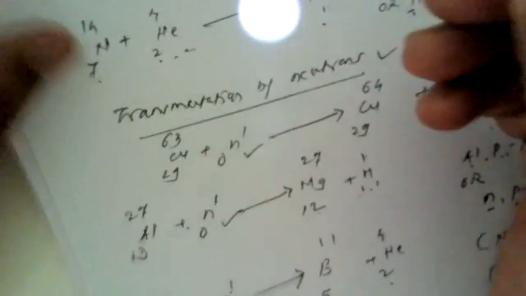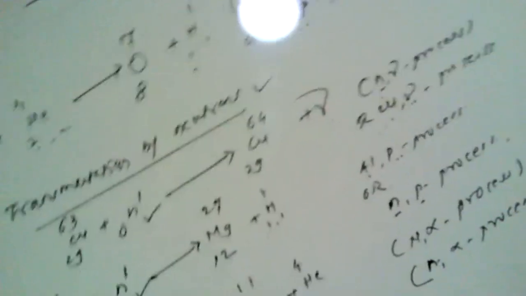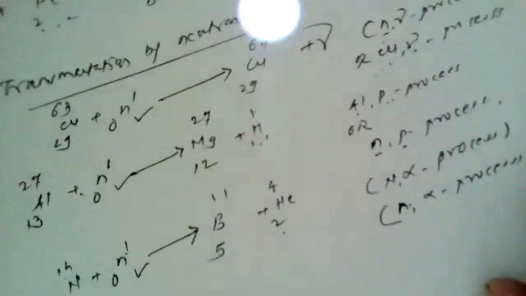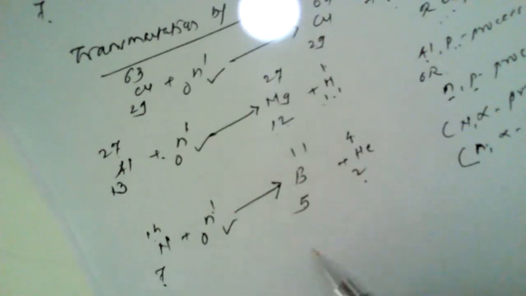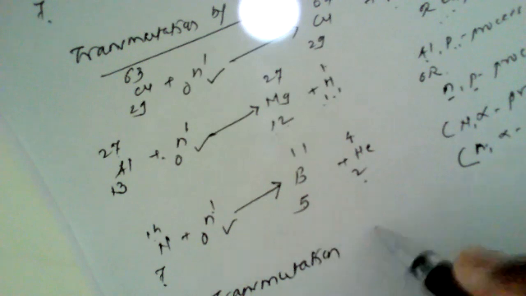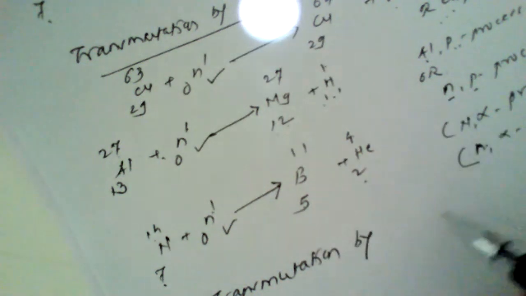The first reaction that we have studied under artificial transmutation or artificial disintegration is with the help of alpha particles. Second is neutrons. One more projectile is there: transmutation by protons.